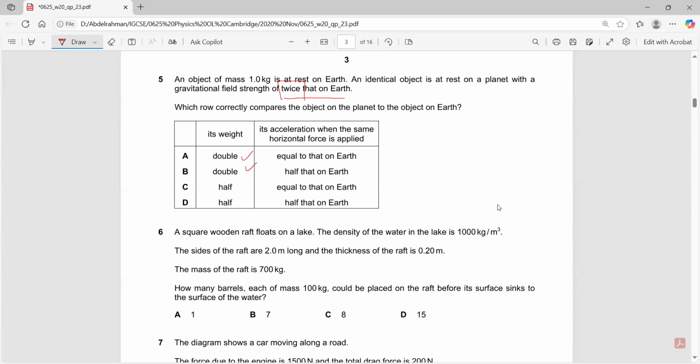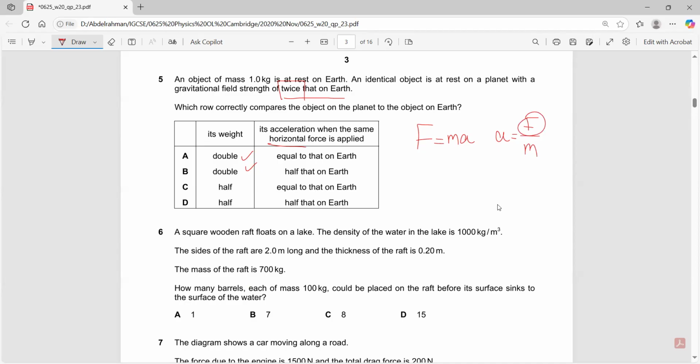The weight would double. What about the acceleration when the same horizontal force is applied? Same horizontal force. So if you're pushing something forwards, force equals ma. You need to find the acceleration. It would be F over m, right? Same horizontal force. Has it changed?